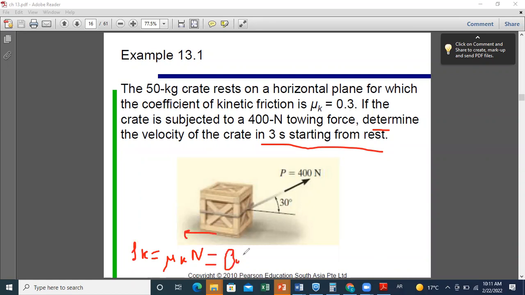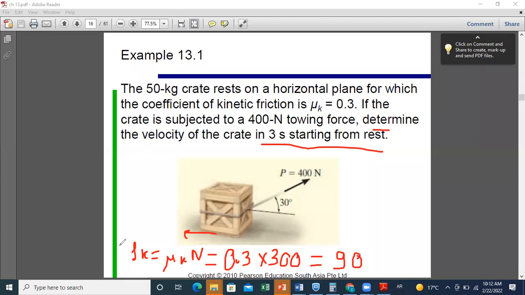So we have 0.3 times the normal, which was 300. You get the normal from sum of y equals 0. So this is equal to 90.